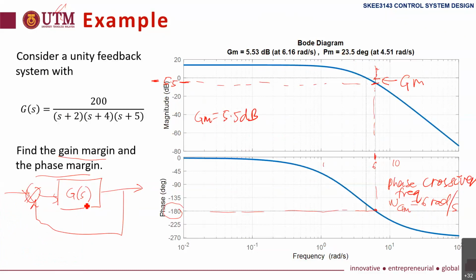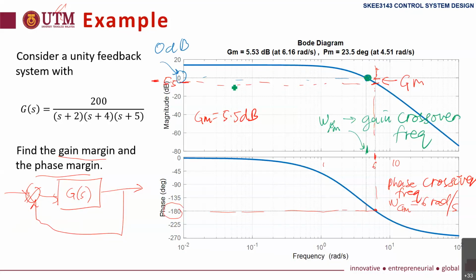Right. So then we want to find the phase margin. How to find phase margin? First, we look at 0 dB. This is the point where it crossed 0 dB, and the frequency here we call the gain crossover frequency, because this is the frequency that crosses 0 dB.